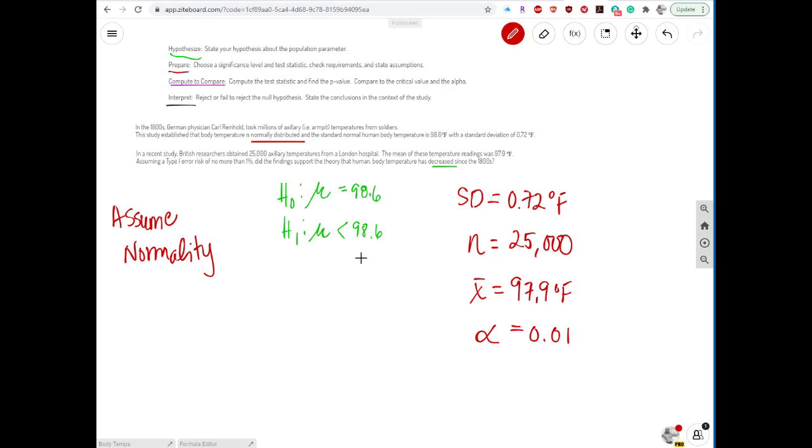So this right here, they're looking for things to decrease. Okay, they're looking to see if this has decreased. They don't want to know if it increased. They just want to know if it decreased.